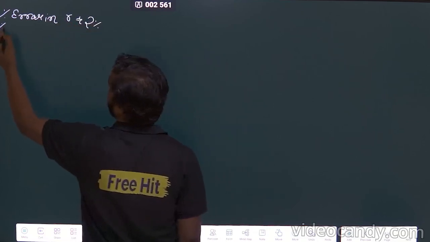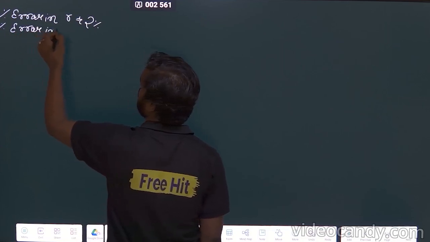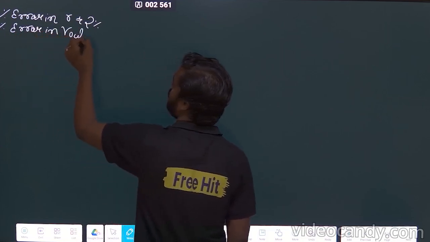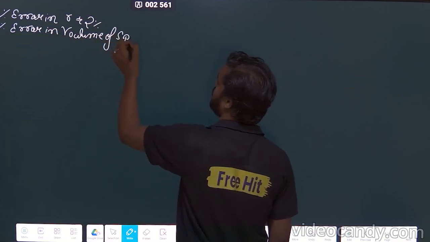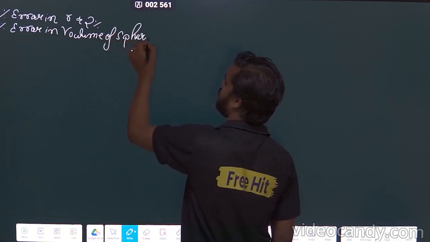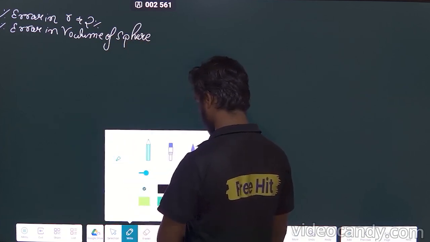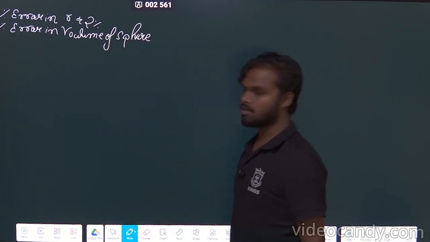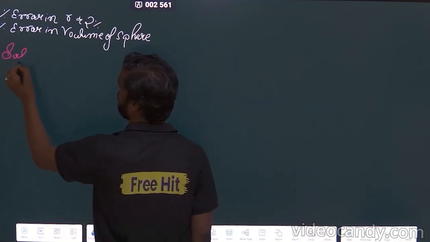You have to find the percentage error in the volume of a sphere. Okay, so please, you have a 3-second time. Just tell me 1, 2, 3. What is the solution? Because it's very easy.